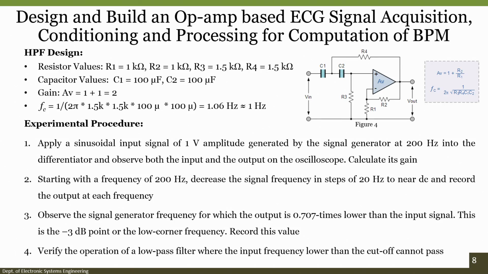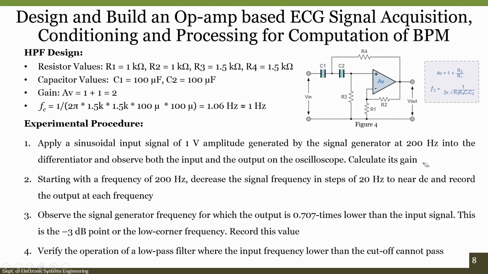For the experimental procedure, we will apply the input voltage, which is a sine wave of 1 volt amplitude generated by the signal generator at 200 hertz into the differentiator, observe the input and the output at the oscilloscope, and calculate the gain. Second, starting with a frequency of 200 hertz, we decrease the signal frequency in steps of 20 hertz to near DC and record the output at each frequency.